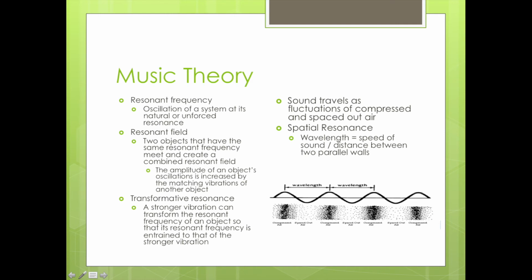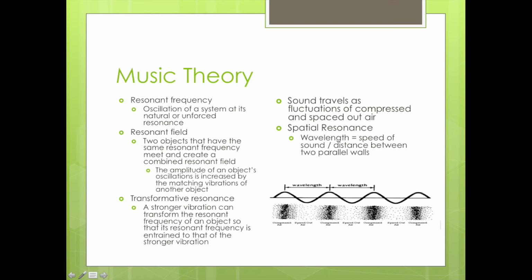So the amplitude of an object's oscillations is increased by the matching vibrations of another object. So for instance, striking an A on a guitar string would cause a nearby guitar string tuned to an A to also ring out. Resonance can also occur when compatible frequencies or octavizations are present.